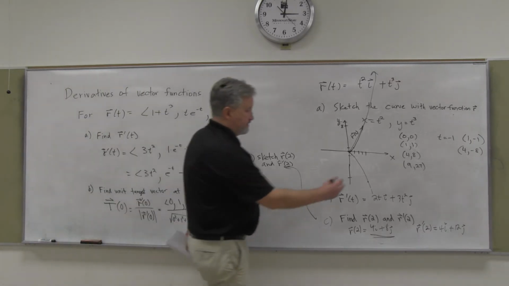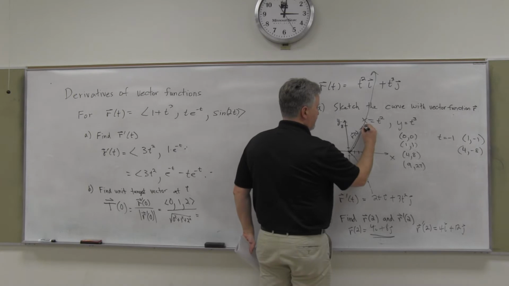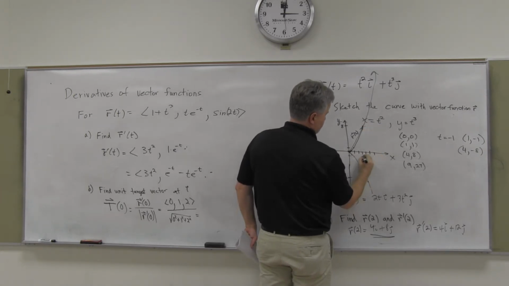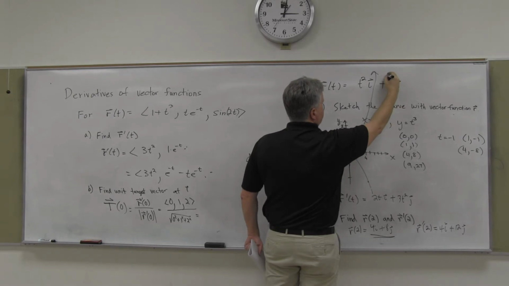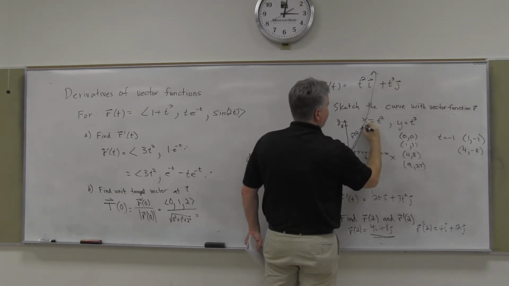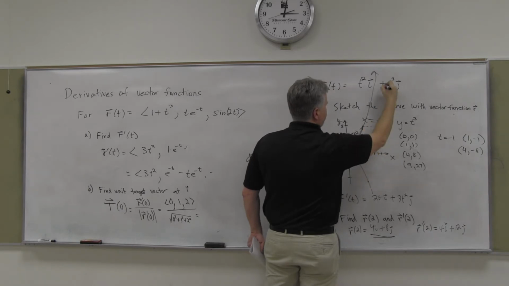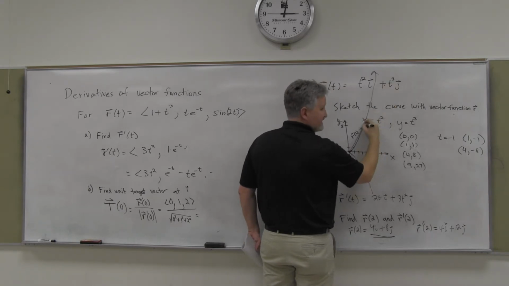So the best place to put it would be here. So I'd go 4 this way, and then 12 this way. It's estimated here, okay. It is going to be tangent here.